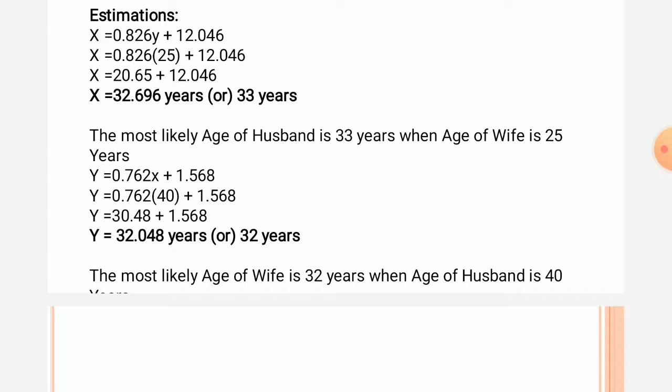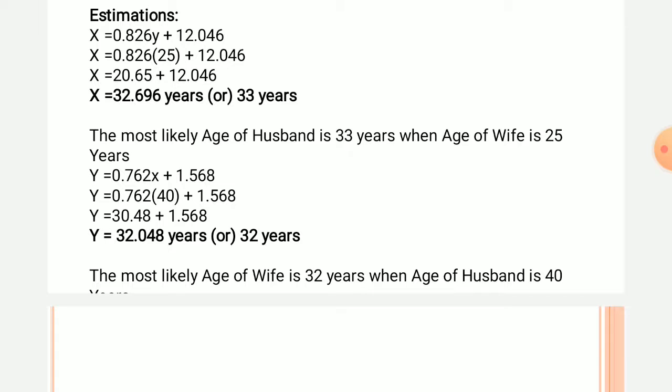Then y is equal to 30.48 plus 1.568. Therefore y is equal to 32.048 years, or 32 years. Therefore the most likely age of the wife is 32 years when the age of the husband is 40 years.